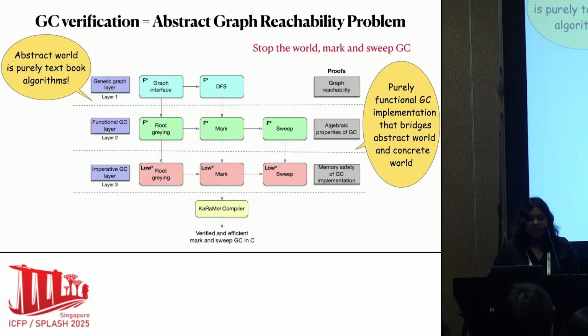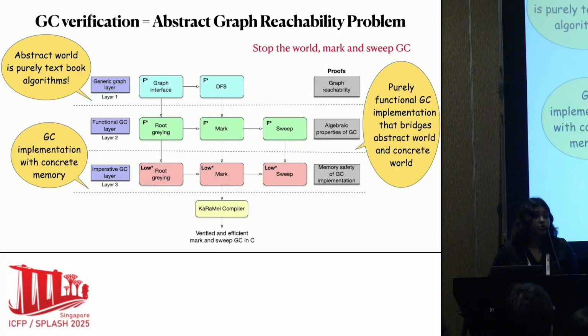And in the third layer, we implement a stop-the-world mark and sweep GC as of now. And the last layer, the concrete layer, implements the GC in a concrete memory model in Low*. Low* is actually a subset of F*, which offers low-level features, like a C memory model.